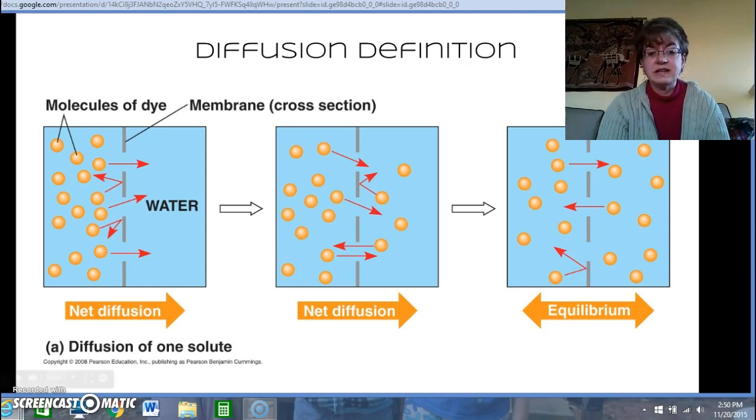So you'll see in these diagrams, there's a high concentration of molecules over here, and eventually they keep moving through the membrane until they've reached an equilibrium, which means there's the same amount of molecules on both sides of the membrane.